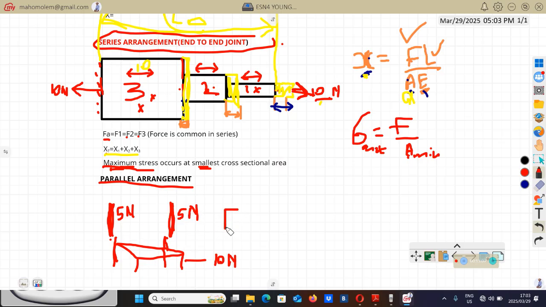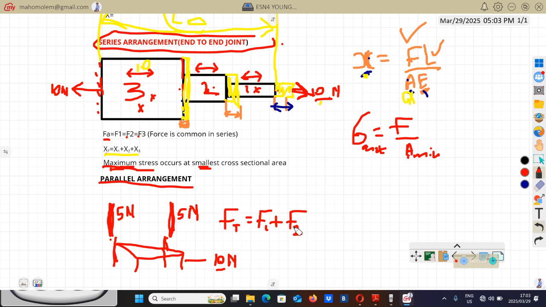So we say that F total, or you can say F applied, will be equal to F1 plus F2.